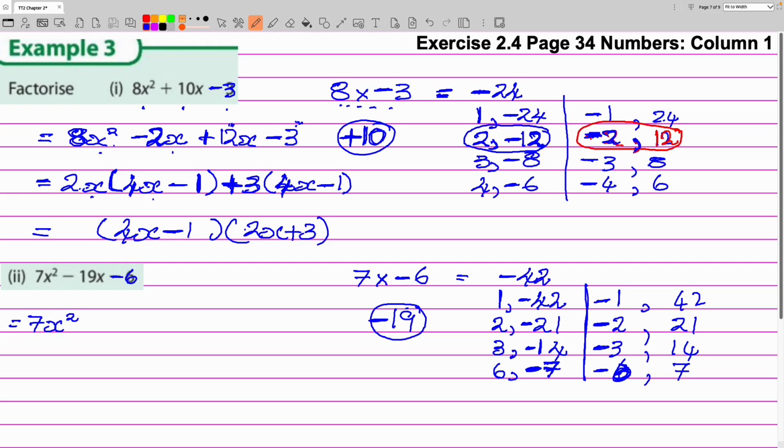Can anyone tell me which ones add up to give minus 19? Finish it off for homework. Off you go.